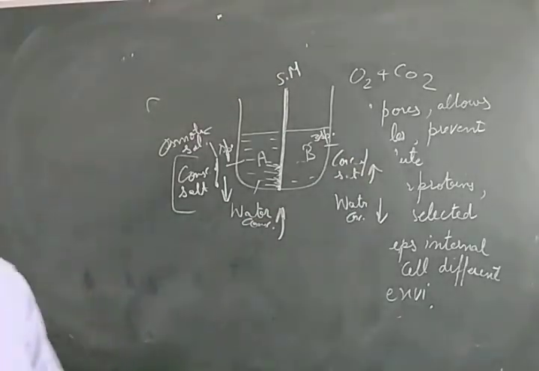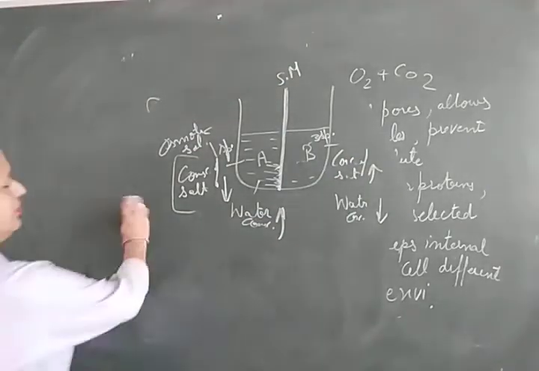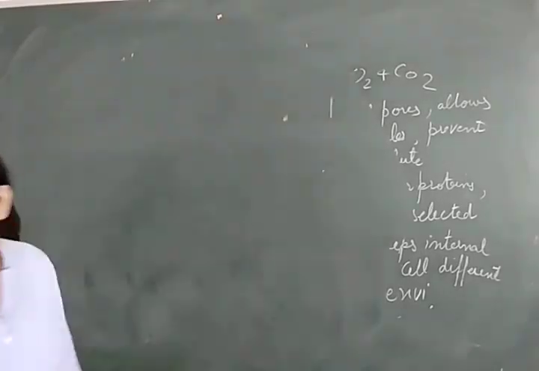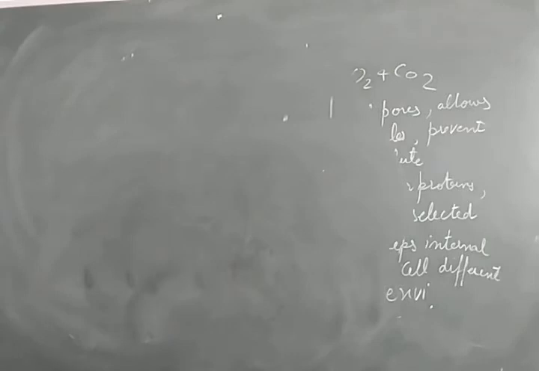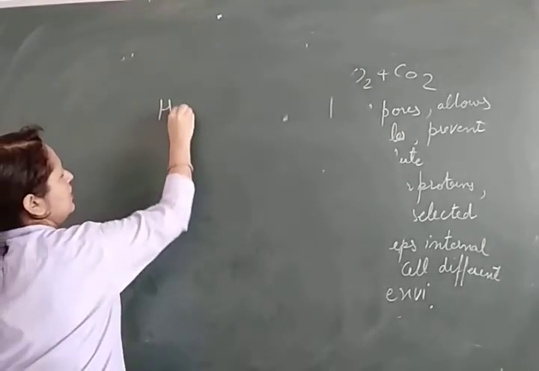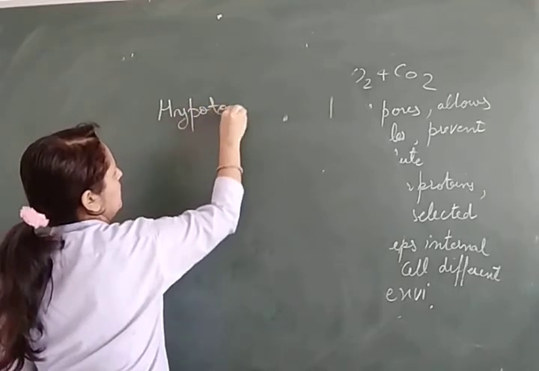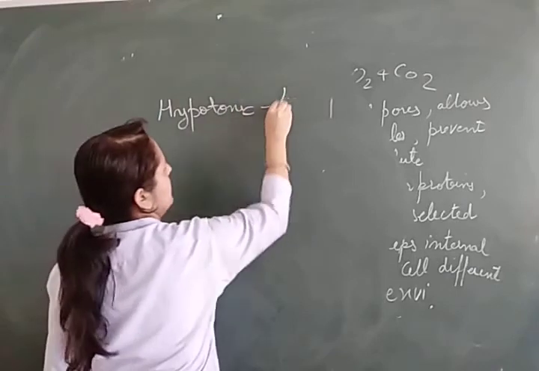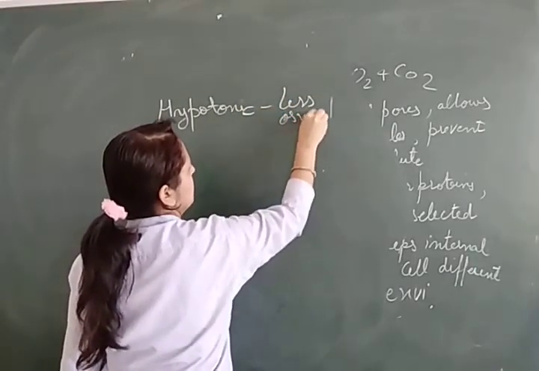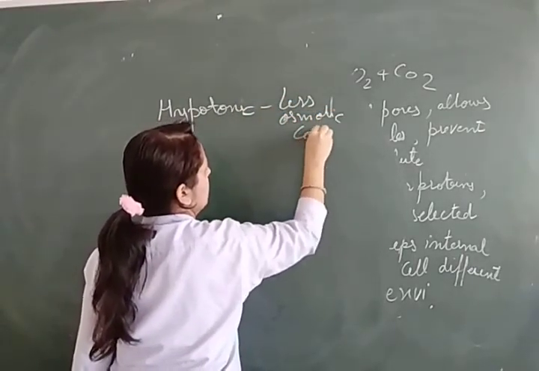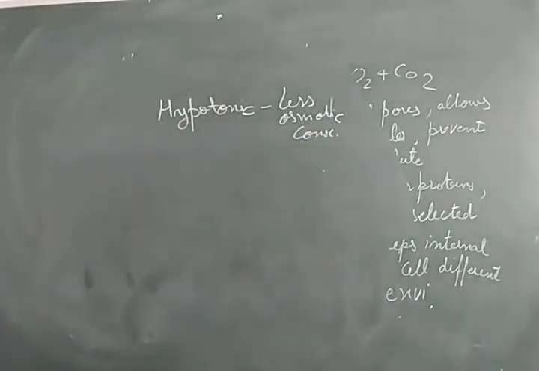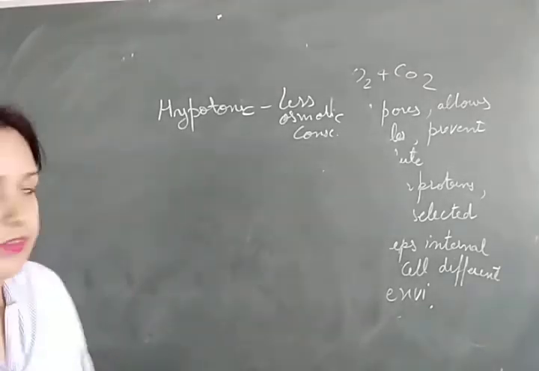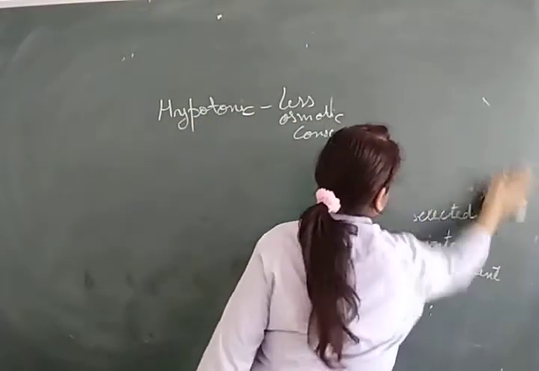Now we have three solutions with us. First is hypotonic solution. Hypotonic has less osmotic concentration. Now you understand that less osmotic concentration means it has high water concentration.